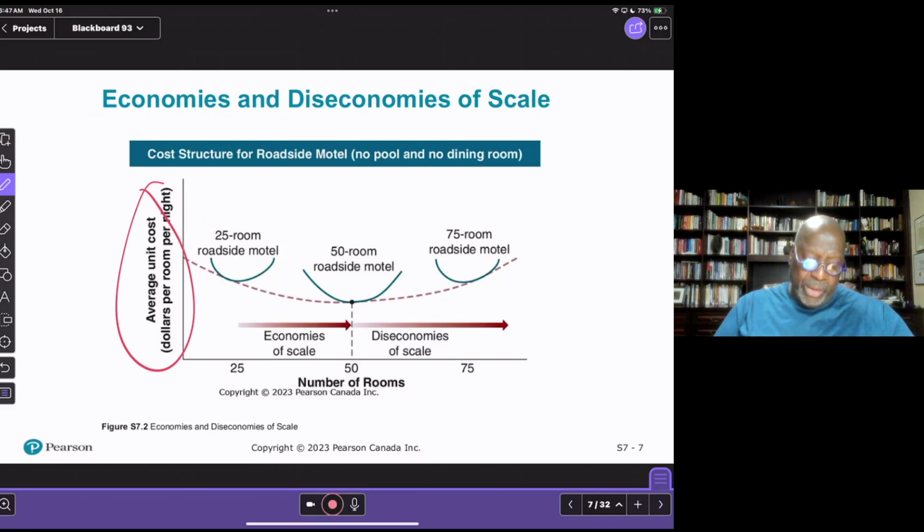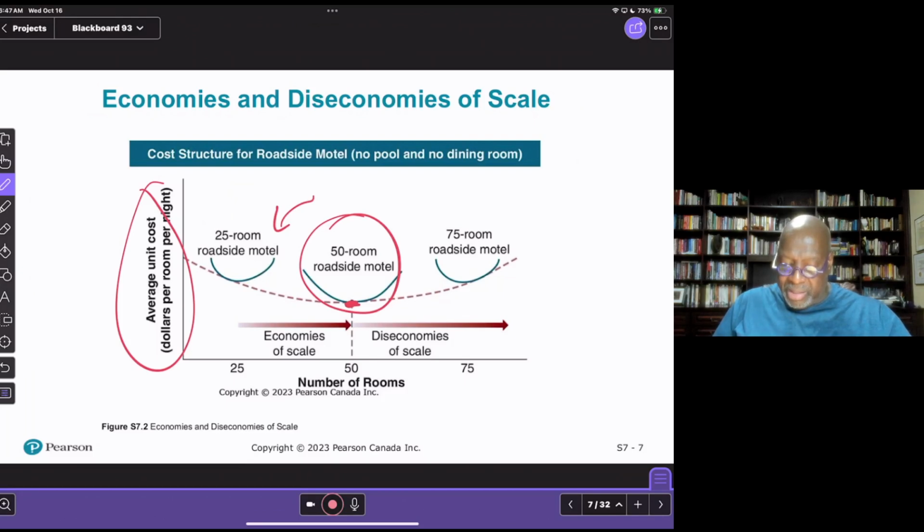If you have a 25 room roadside motel, this might be what the cost structure looks like. As you increase it, you get some economies of scale. To a 50 room, you get the best cost performance. And then if you keep on increasing, then your cost per room starts to go up.